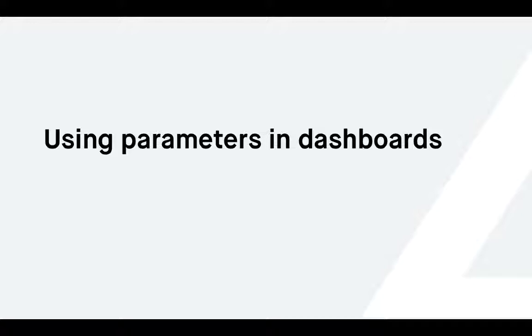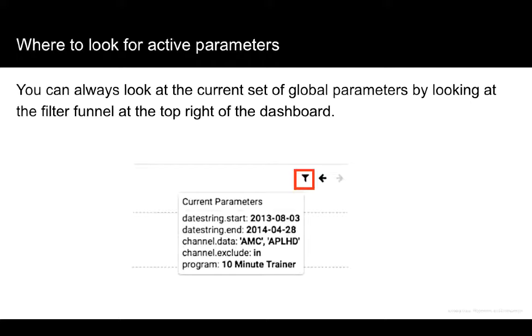Let's talk a little bit about how you can use them within dashboards and the syntax that goes with it. Anytime you're looking at a dashboard, you always see this funnel at the top right. That top right funnel will display all the parameters that are currently available to any object on that dashboard.